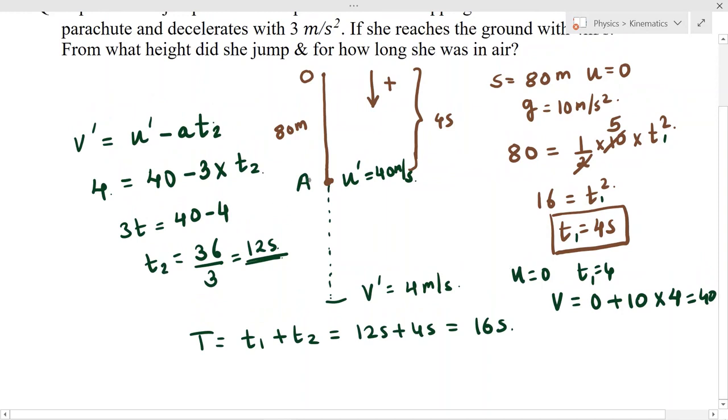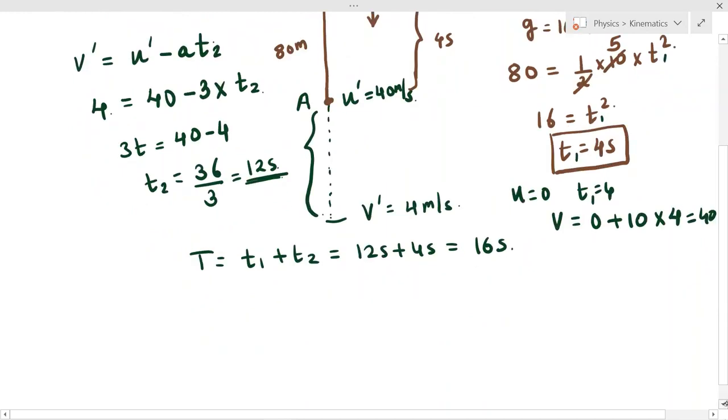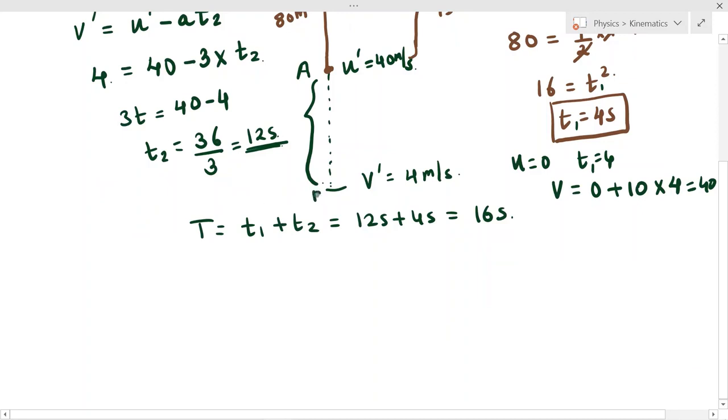Now what is this distance? The distance from point A to this other point B, suppose. The point B is the ground, so that will be v dash square is equal to u dash square minus 2as. Why minus? Because the acceleration is in the opposite direction.